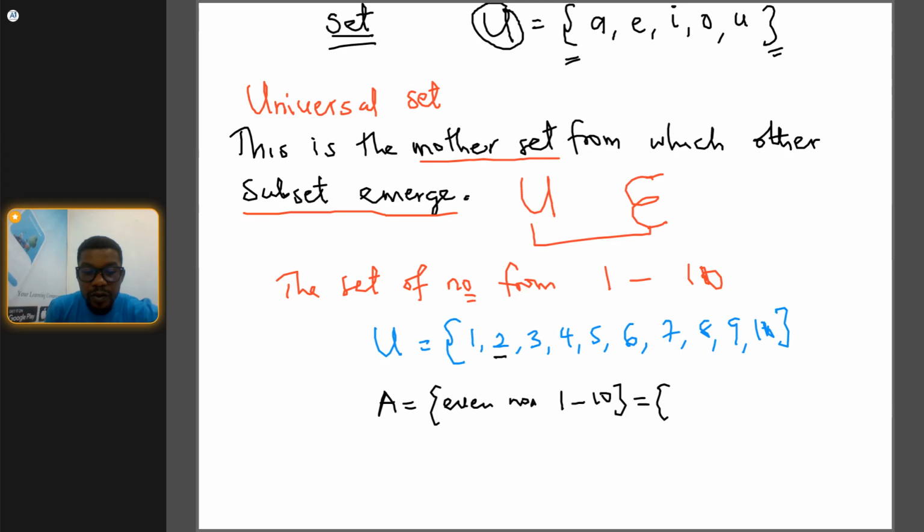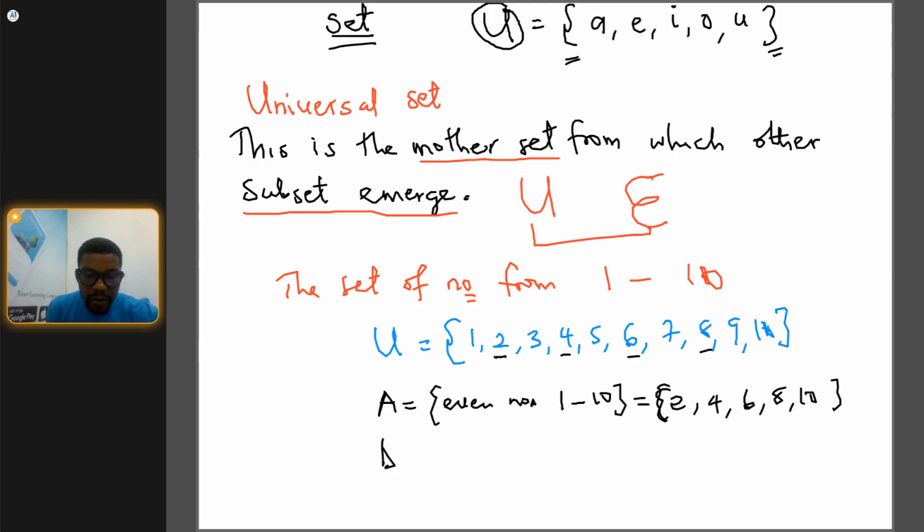We have 2, 4, 6, 8, and 10. So you can see that out of the universal set, we were able to get another subset. The universal set gave birth to subset A, or I would say subset A emerged from the universal set.